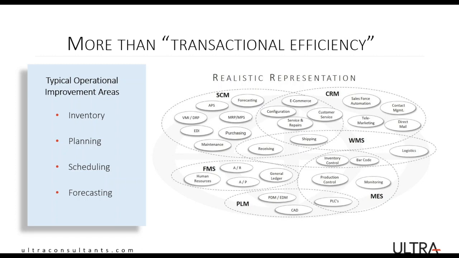We see on the left the FMS, the finance management systems. And a couple of new things that you may or may not be aware of is that the advancement of what we call PLM, or product lifecycle management, which is designed to enable engineering business processes. And then MES, which is manufacturing execution systems.